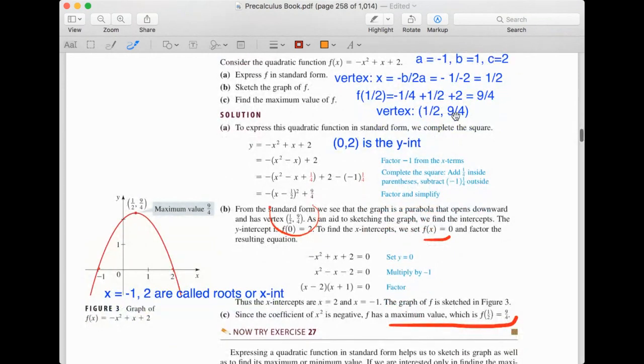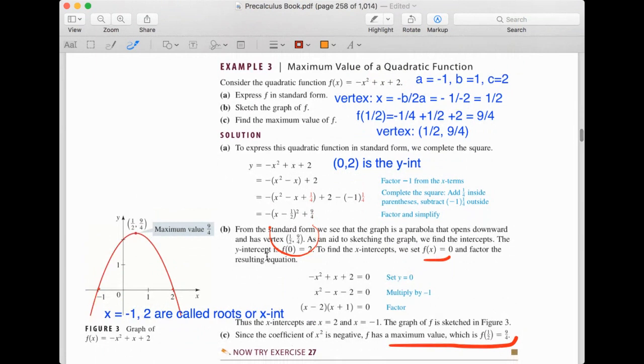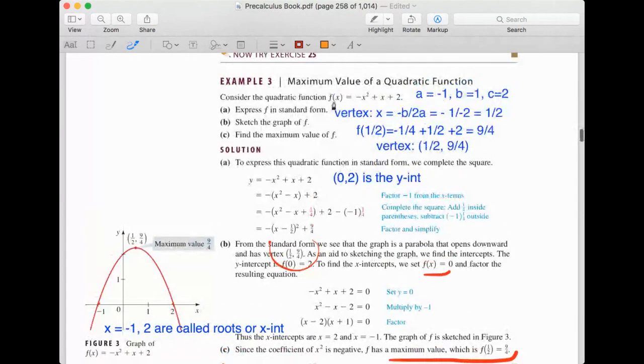Okay, so we have a half, 9 over 4 as our vertex. We know it's a downward parabola because the number before x squared is negative. We have this vertex. We want to figure out our y-intercept. The y-intercept is f of 0. F of 0 means this is 0, this is 0, we're left with 2. So 0, comma c is always the y-intercept.